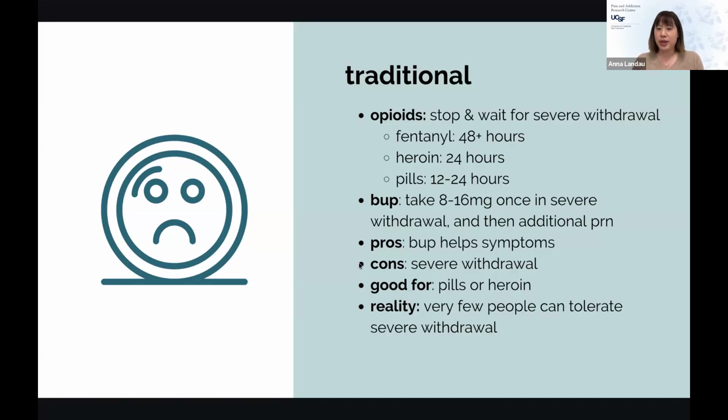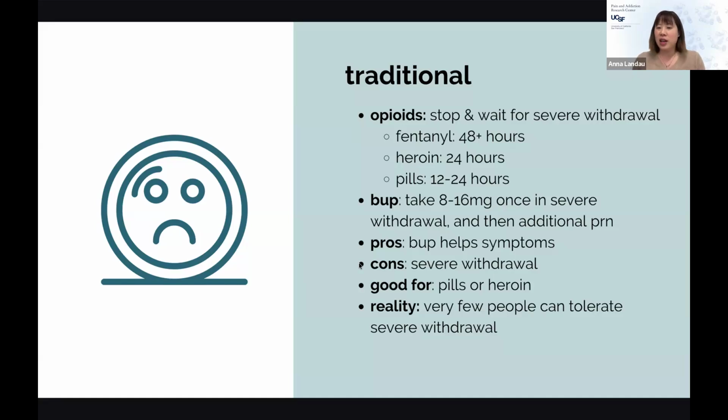The benefit of this method is that it immediately helps control symptoms, and people can get onto buprenorphine, a good maintenance dose of 16 milligrams or higher, much faster compared to the other methods. The major con that people can maybe guess is that people have to wait until they are in that severe withdrawal, and that can be very distressing, uncomfortable, and just unacceptable for a lot of patients, especially those using fentanyl.